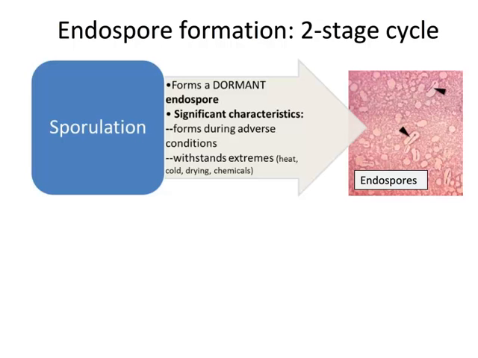One of the key characteristics of endospores, what allows them to survive for so long, is the coat that they grow, that you're going to learn about soon, which allows them to withstand extremes. That could be extreme heat, extreme cold, a very dry environment, and extremely harsh chemicals.